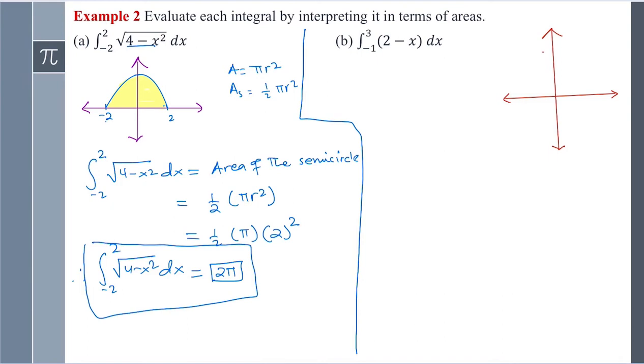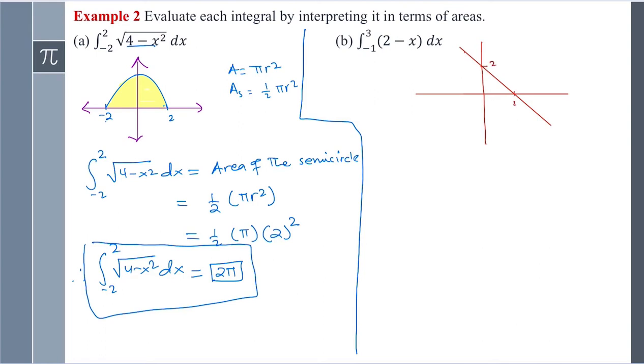So probably the graph is going to look like this. Let me draw a slightly different graph. I want a straight line. Okay, so this is 2.